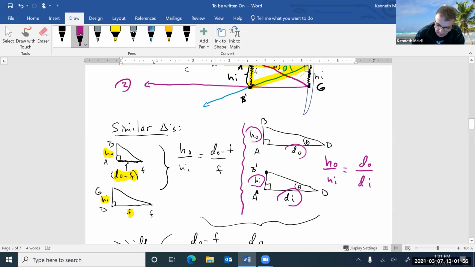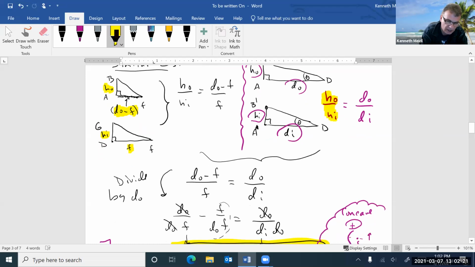And this right here should be signaling something to you. How big the object is in relation to the image, that's really what we call magnification, right? But magnification is not H over HI, it's really how big is the image in relative proportions to the object.